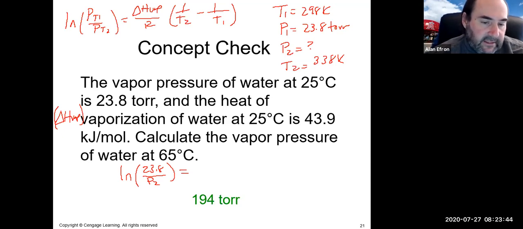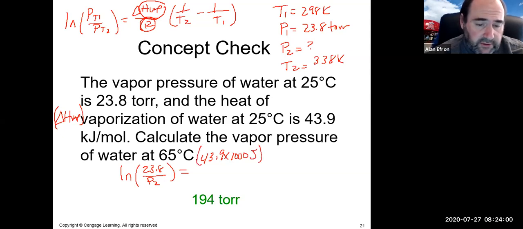Now, you do have some unit issues here. This is in joules and this one's in kilojoules, so you need to do a conversion. I'm going to take that 43.9 and multiply it by 1,000, and that converts it into joules. I do that because R is 8.314 joules per Kelvin per mole, and it's in joules.